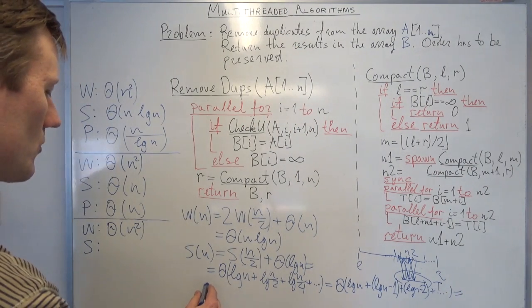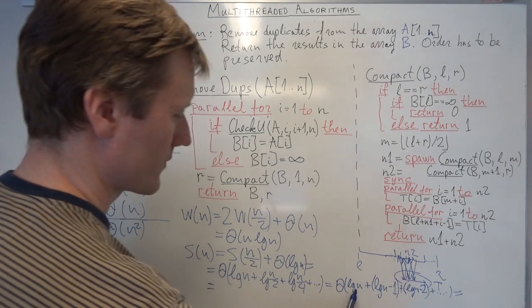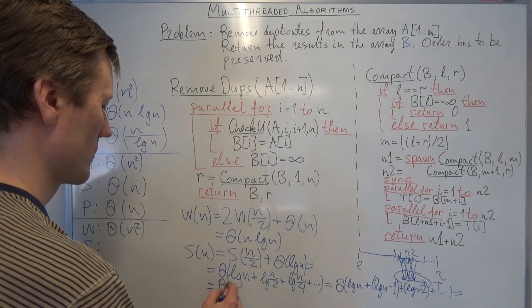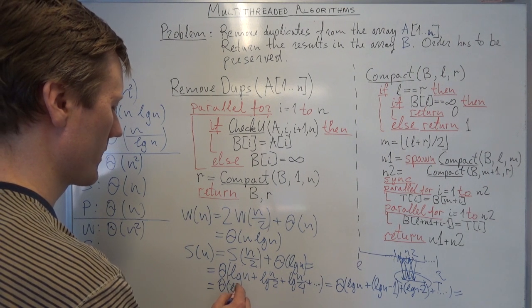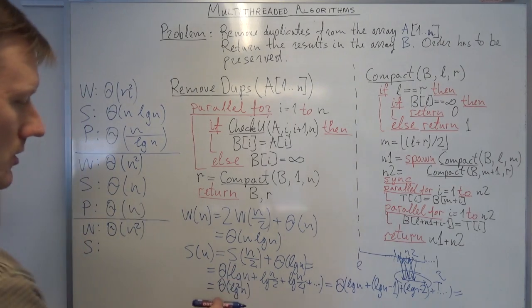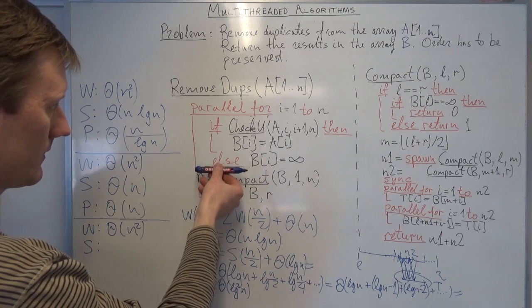And that solves to just a simple arithmetic series from log n to 1 eventually. So that solves to log squared n. So the span of this part is log squared n.